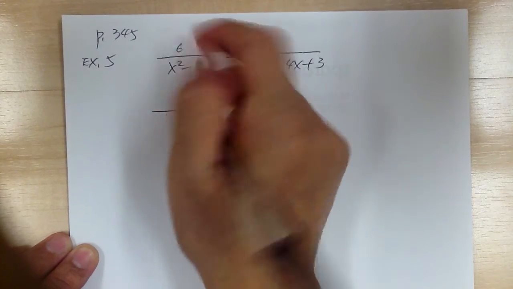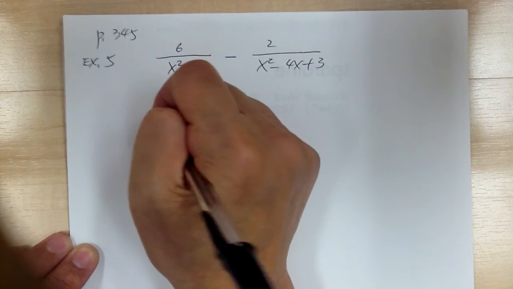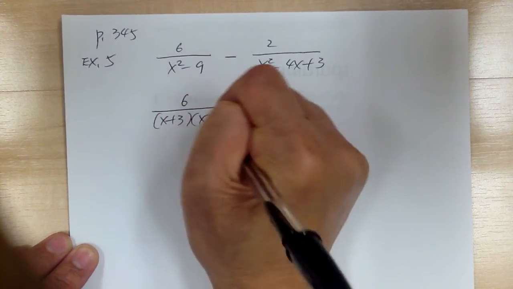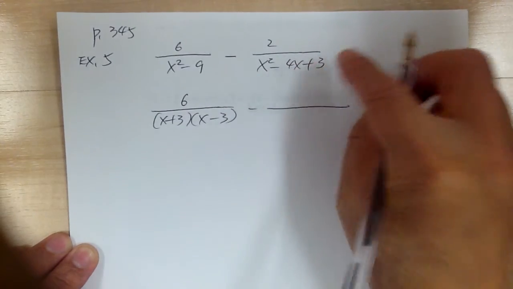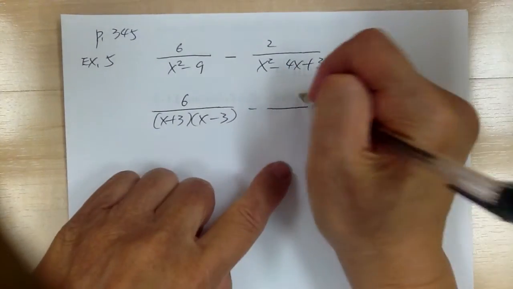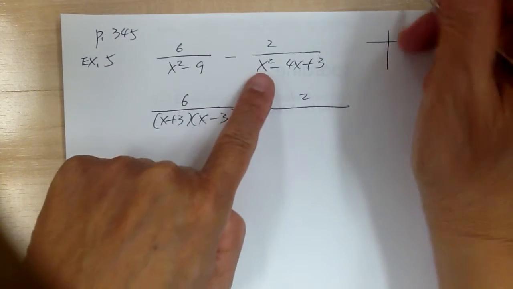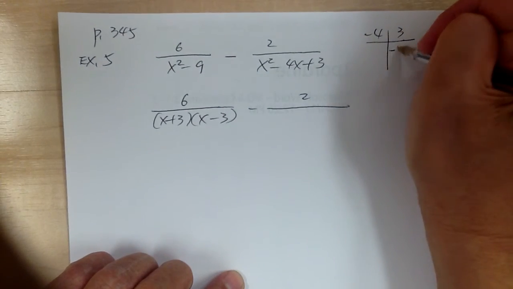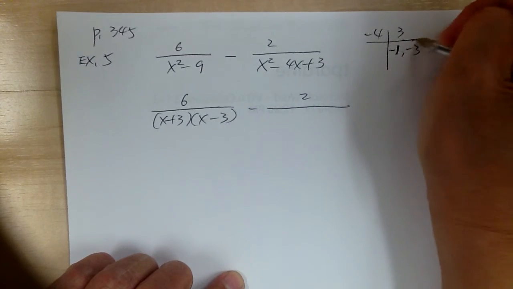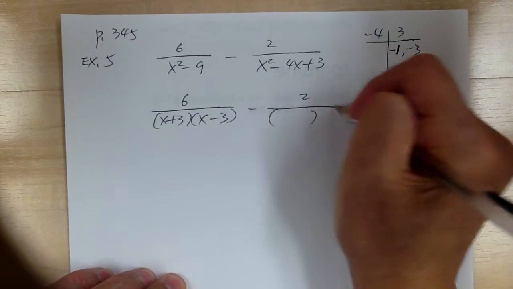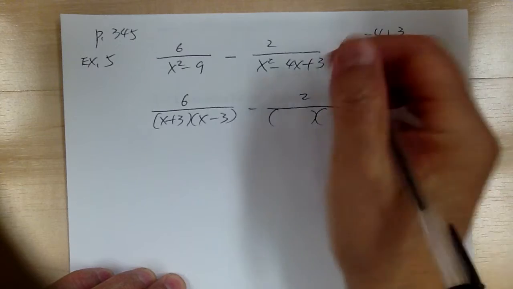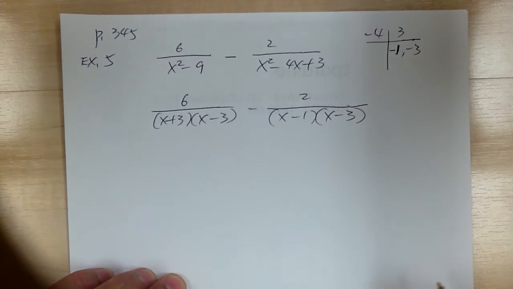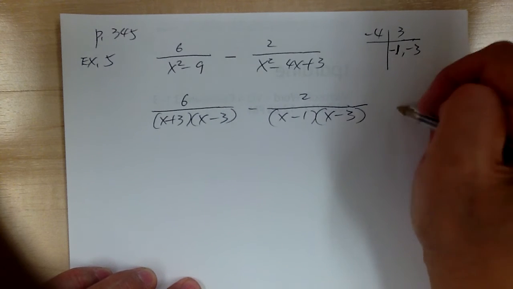This one is a difference of squares, so break into conjugates: x plus 3, x minus 3. This one over here, you have to do the master product: minus 4 and 3, so you need negative 1 and negative 3. So you get x minus 1, x minus 3. After you're done factoring, now you can go and get your LCD.